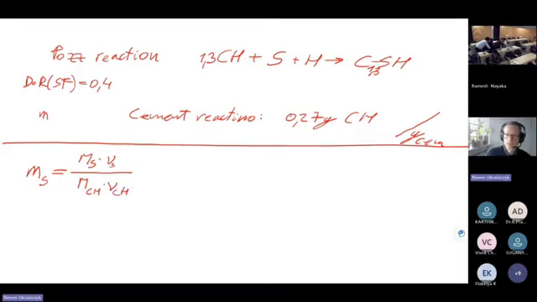So this is always the same stoichiometry, you just do molar masses and you put the stoichiometric coefficients.